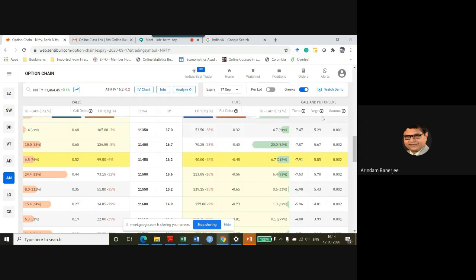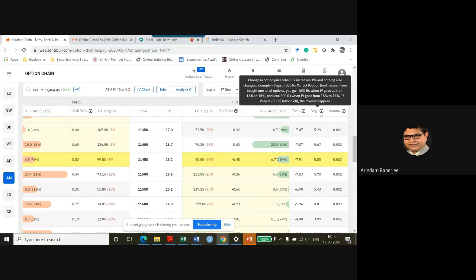This one is called Vega. It is written here: change in option price when IV increases 1% and nothing else changes. So Vega is the change in option price due to change in volatility.